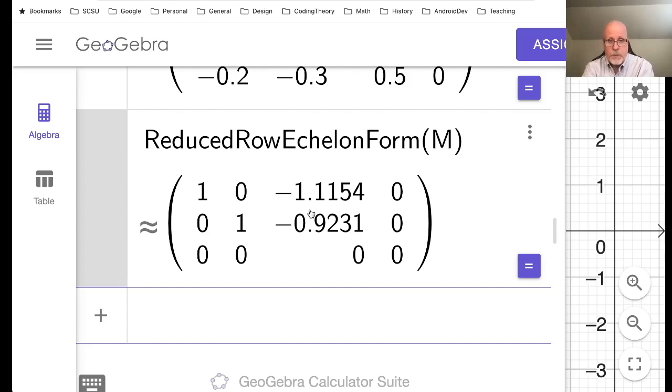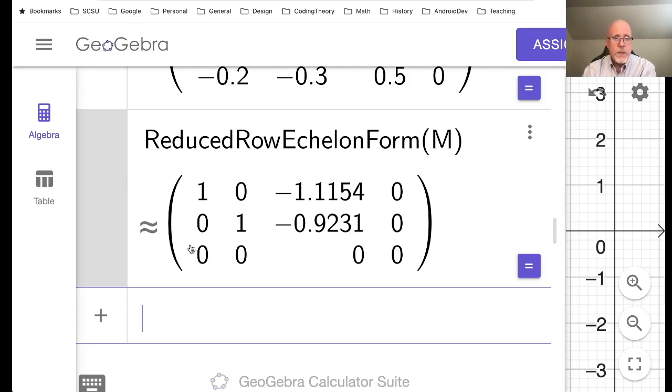Now we've got to look at that reduced row echelon form and recognize it as the solution to a system. There are 2 basic variables, x and y are basic. There's a whole row of zeros, which means it's consistent, right? We don't have a 0 equals something non-zero here.